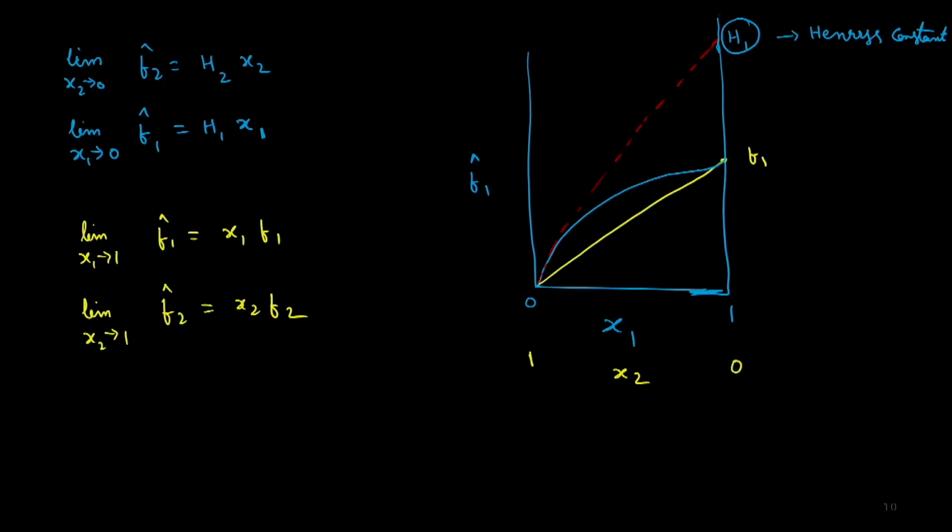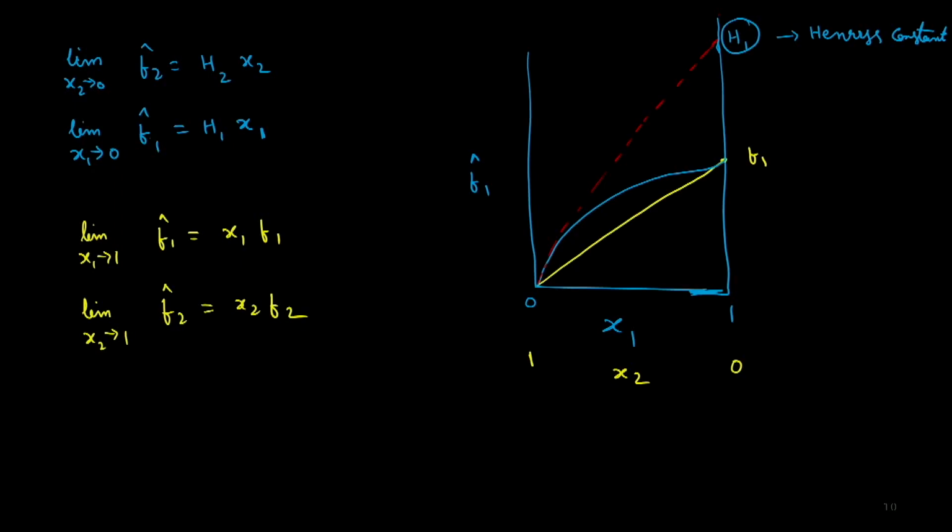So these are the two ends of the composition diagram. What I have shown here is for f1 hat, we can draw a similar diagram for f2 hat. In that case, we will have the slope to be the Henry's constant for species 2 or H2. We have obtained this using the Gibbs-Duhem equation.